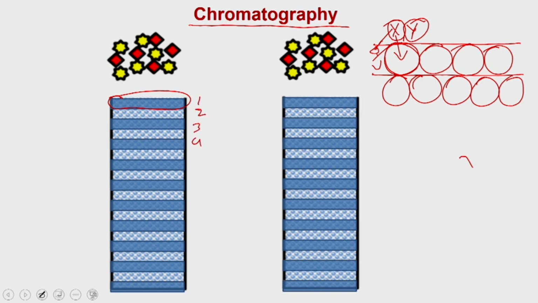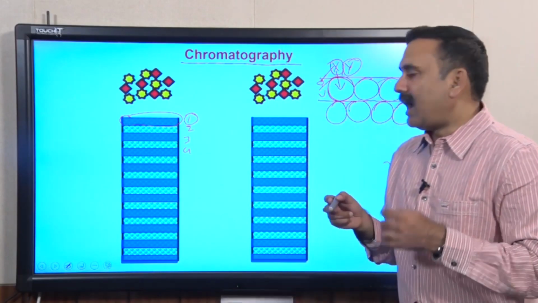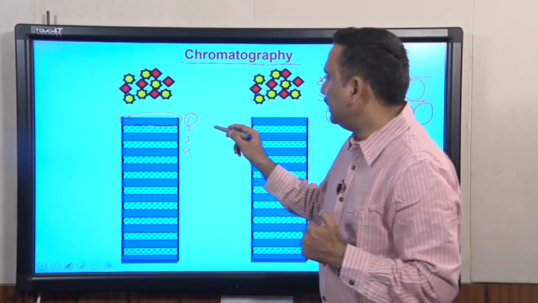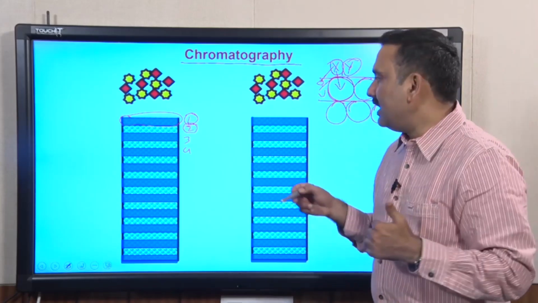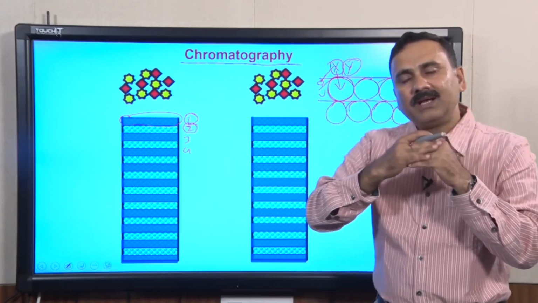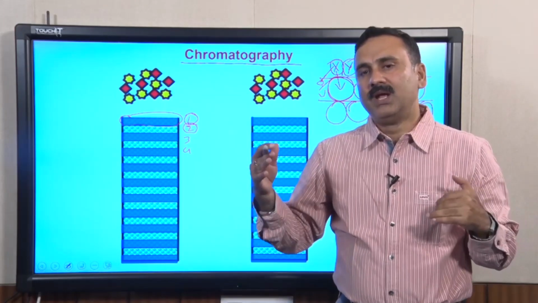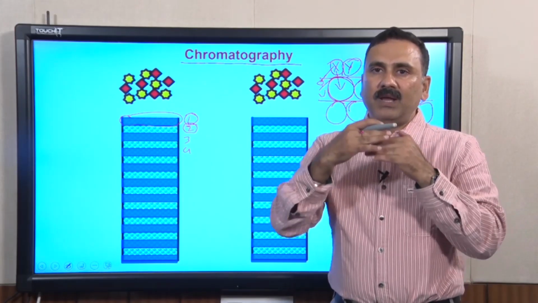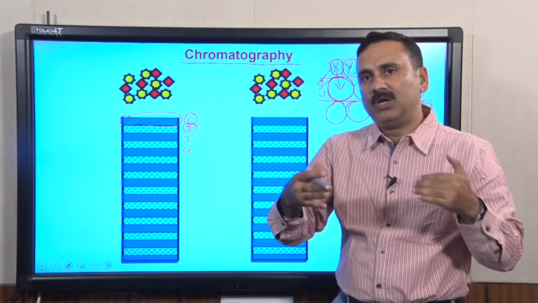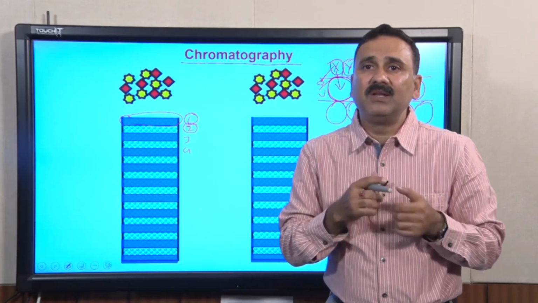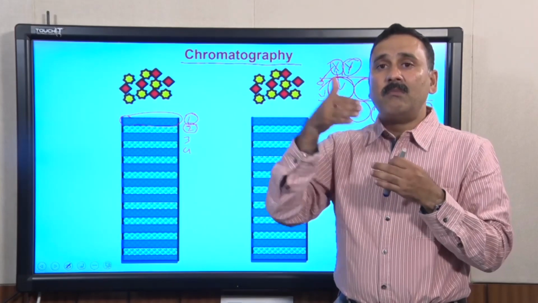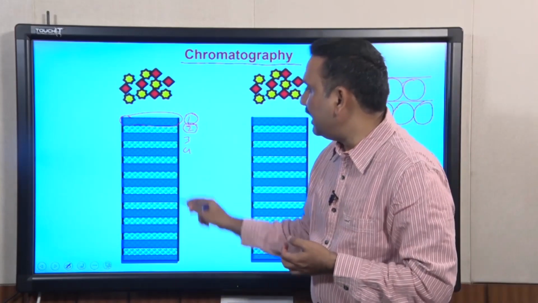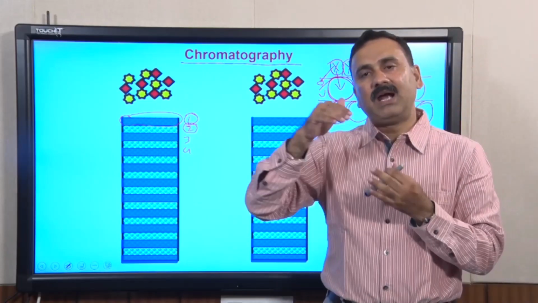When you flow the water from the top, the molecules present in layer number 1 again distribute with the beads present in layer number 2. That continues until the distribution makes the separation between the two molecules, and it makes a wider separation, because the molecules experience not only one distribution or one Kd value, they experience multiple Kd values depending on how many layers of beads are packed in that particular column.